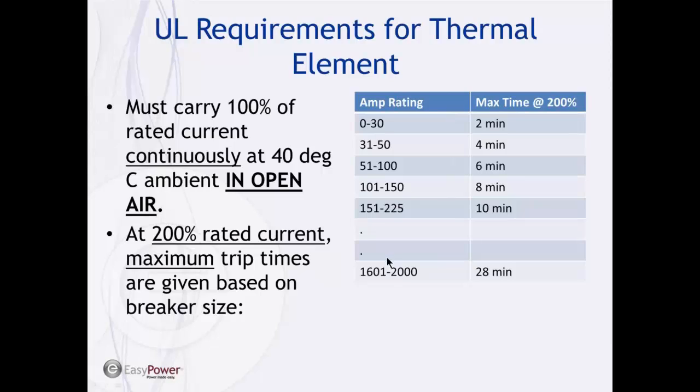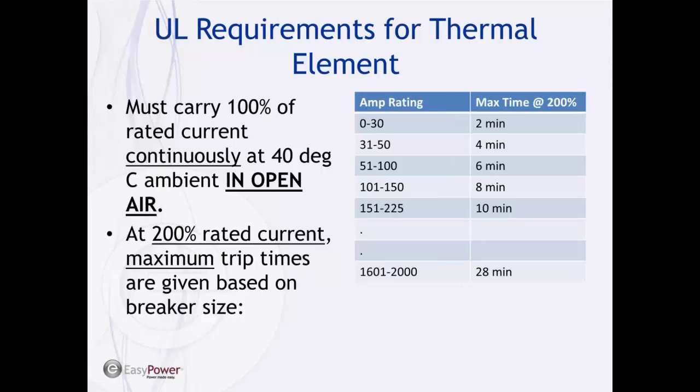The second basic requirement is at 200% of the rated current, it has to trip within the maximum times given in the UL standard, and there's a table. It varies depending on the breaker size. Just to give you an idea of what the requirements are, up to 30 amps, the breaker has to trip in 2 minutes at 200% current. So if I had a 30 amp breaker, it would have to trip within 2 minutes at 60 amps.